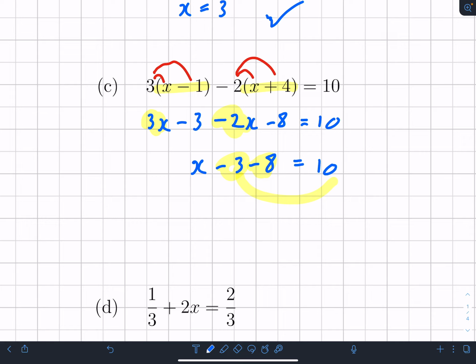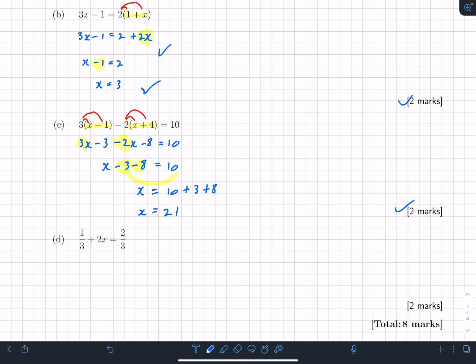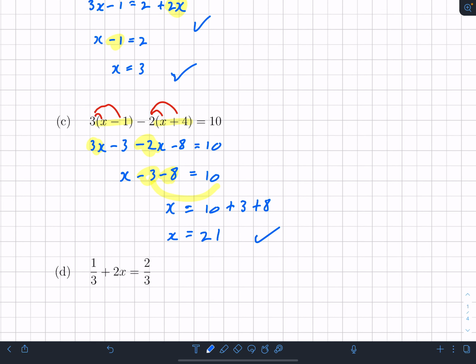So we're going to add them to both sides. And so that will become x equals 10 plus 3 plus 8, which is 21. And so it is 2 marks. I've probably shown too many steps, but I just wanted to show how we do our inverse operations and then collect like terms, so I wanted to show that in separate steps.